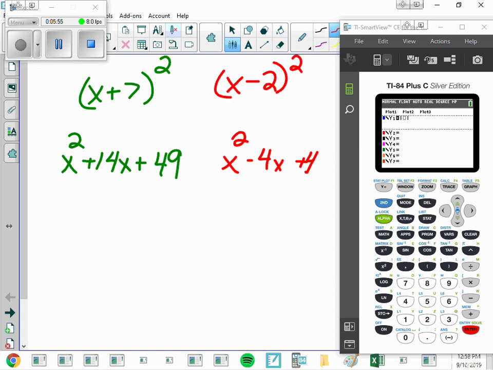So it's this times that. Right? So we get x times x, that's the first one, and negative 2 times negative 2, that's the last one. The middle one is x times negative 2, and then we double it because there are 2 of them. So what we're really doing is x times negative 2 is negative 2x, and then we do negative 2 times x, which is also negative 2x, and those together make negative 4x.